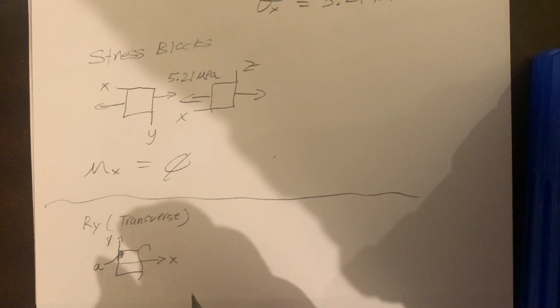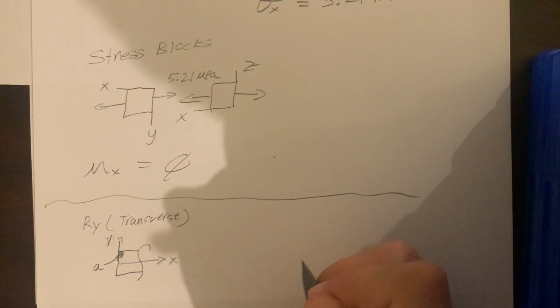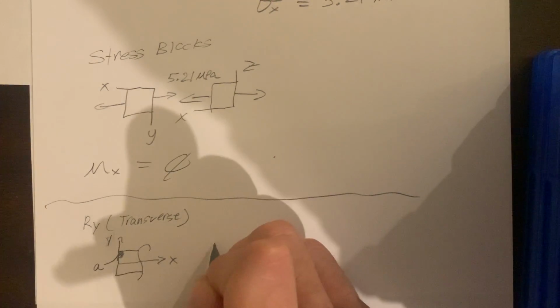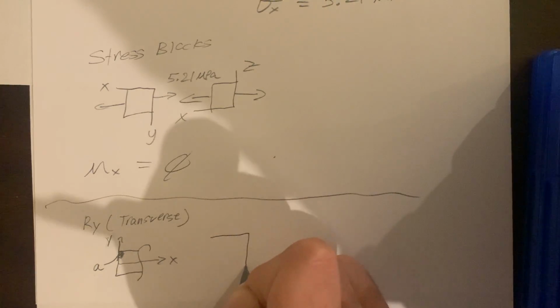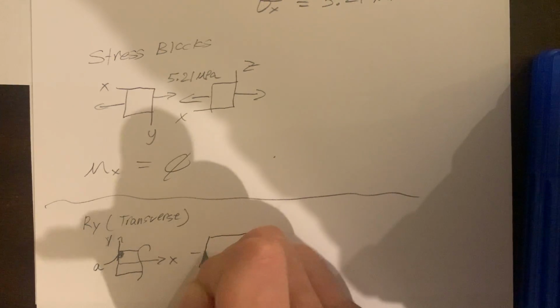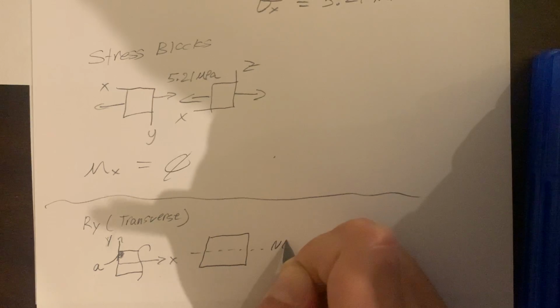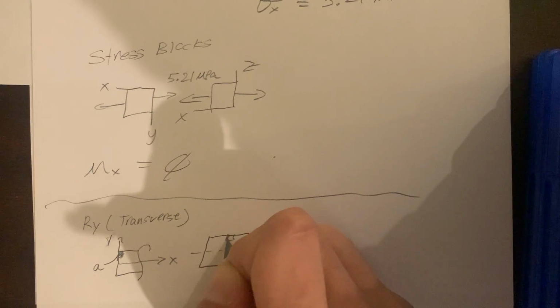And that is basically because when we flip it around and look at it from the top, over here is the neutral axis, and it's up here.